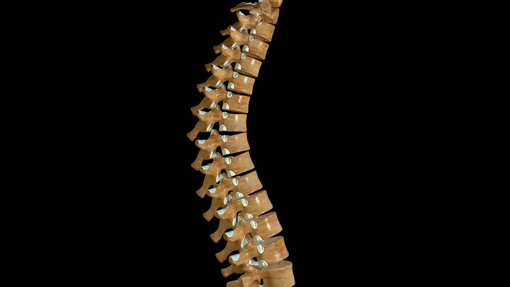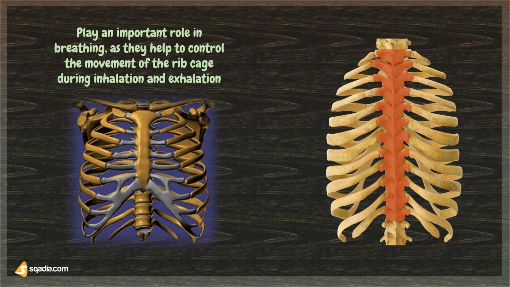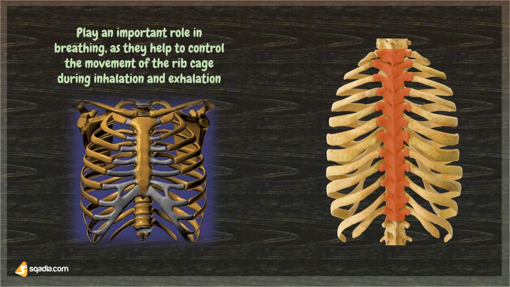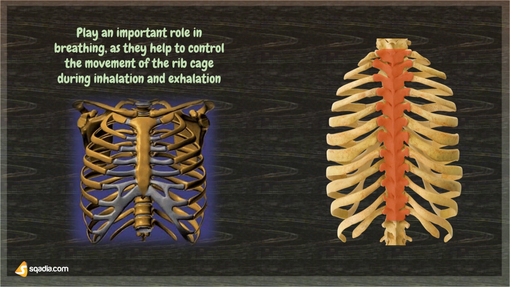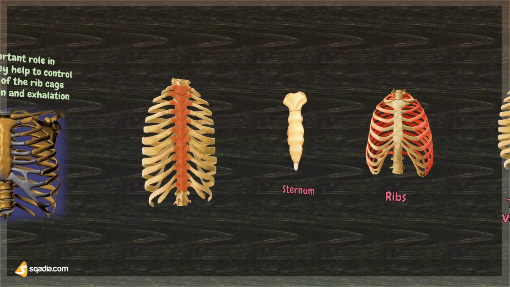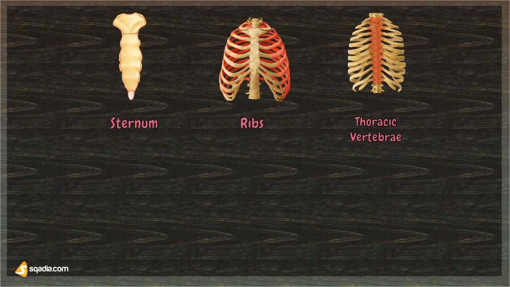In addition to their role in the thoracic region, the thoracic vertebrae also play an important role in breathing, as they help to control the movement of the rib cage during inhalation and exhalation. Overall, the thoracic vertebrae are a critical part of the anatomy of the thorax, playing an important role in supporting the rib cage, protecting the spinal cord, and facilitating the movement of the torso.